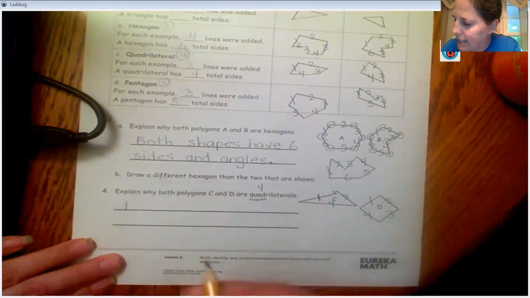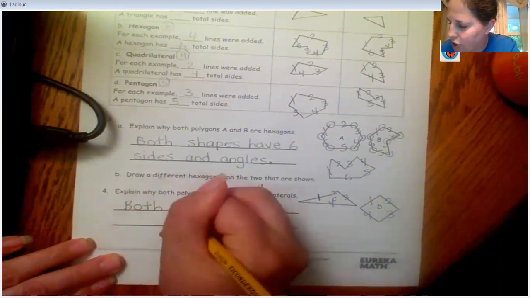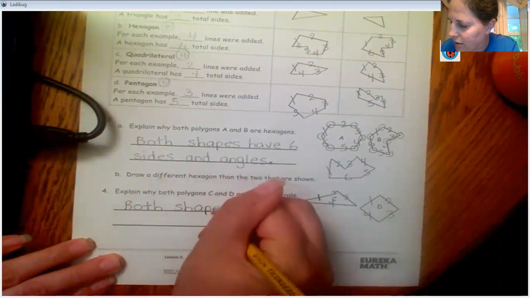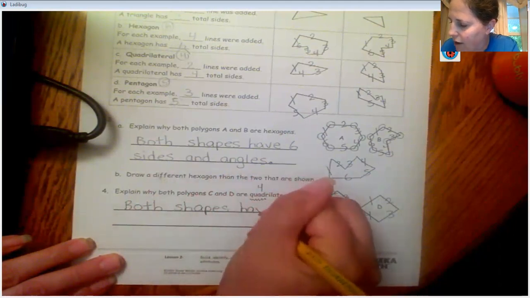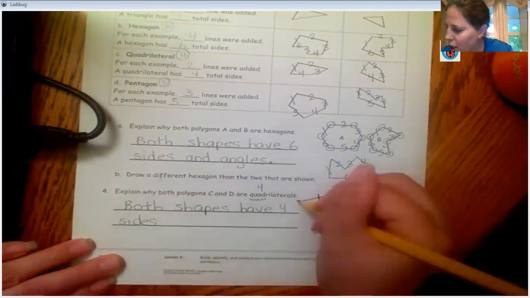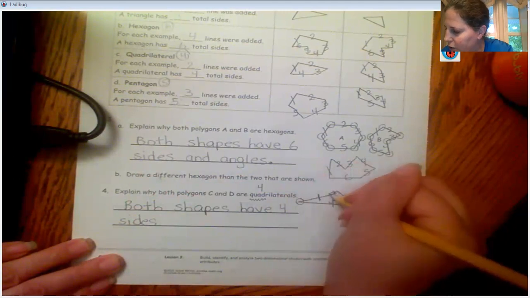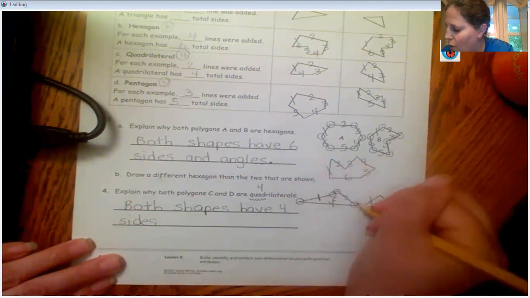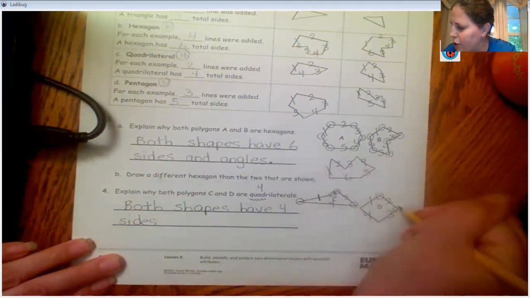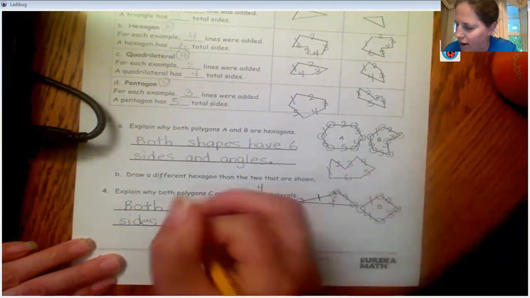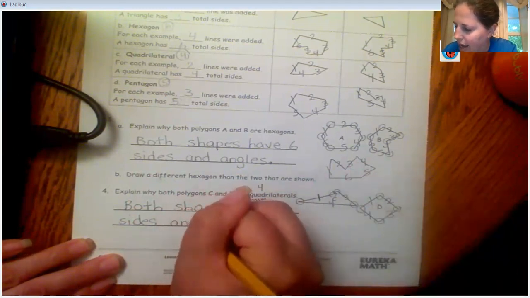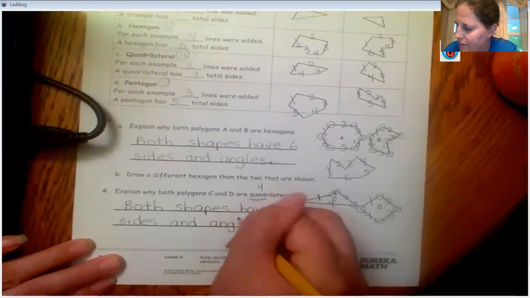So the reason they are both quadrilaterals is both shapes have 4 sides. And let's just check the angles. 1, 2, 3, 4. 1, 2, 3, 4. So now I can add and angles.